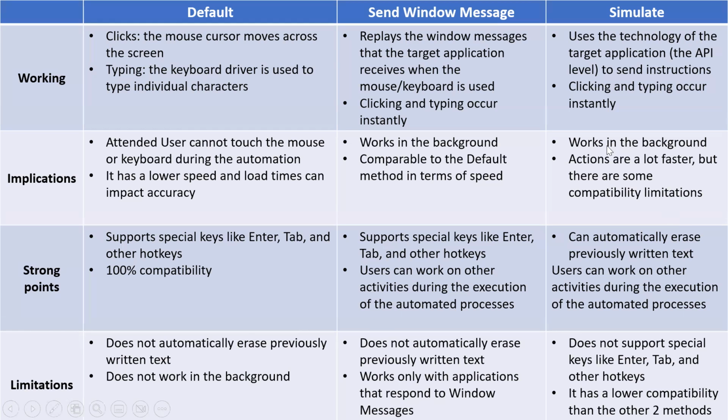The implications are it works in the background and actions are a lot faster when I compare with the other ones. But there are some compatibility limitations. Since API is very much faster, it works in just a fraction of a second.